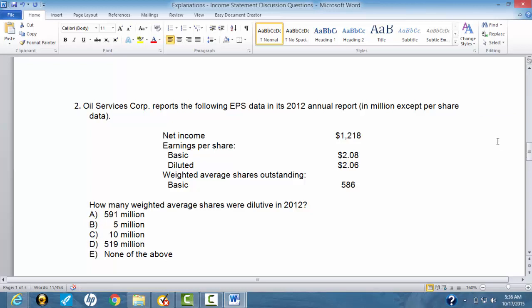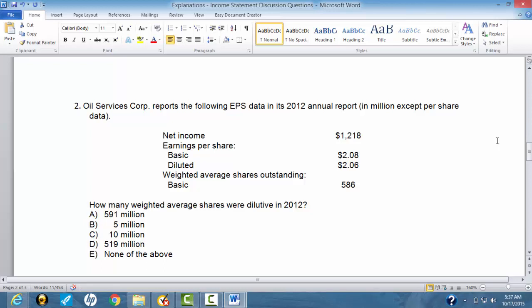We will look at the second question, which is on earnings per share, or EPS. Now, earnings per share is a very important performance measure. The reason being that it scales the performance of companies and allows us to compare across years and across companies.